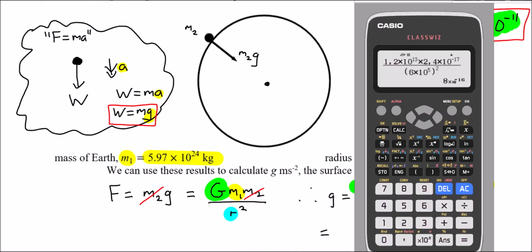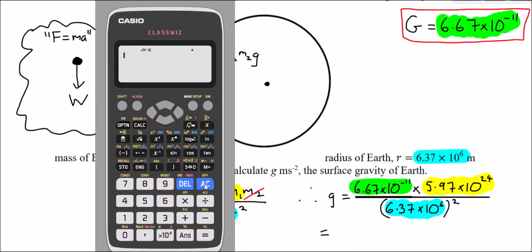So what we have here is that g is approximately 6.67 multiplied by 10. I'm not using this button here, I'm using my own preference, which is just using the powers, and multiplied by 5.97 multiplied by 10 to the power 24, and all of that we're going to divide by the radius of the Earth squared.